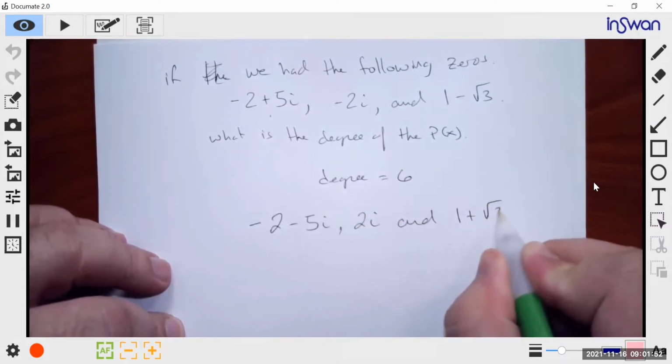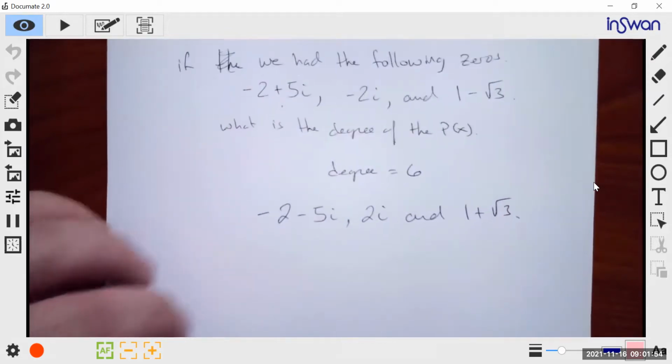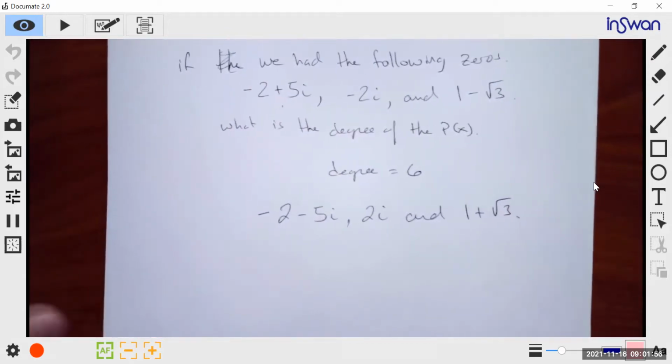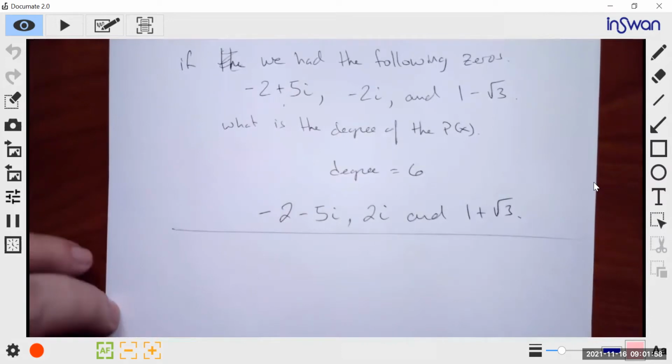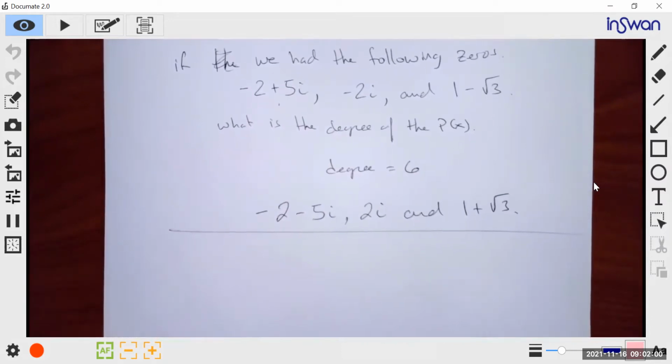Very good. There's our 6 answers. So it's always possible to have a radical or imaginary as an answer. And if you do, they always come in pairs.